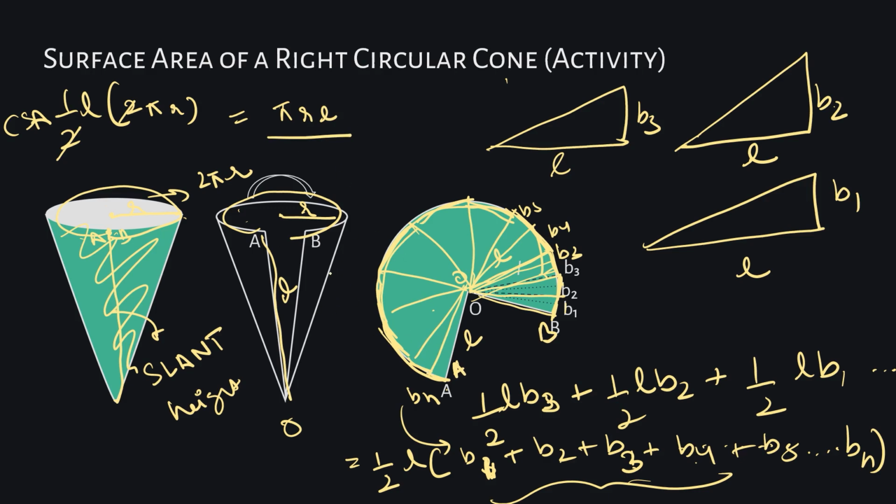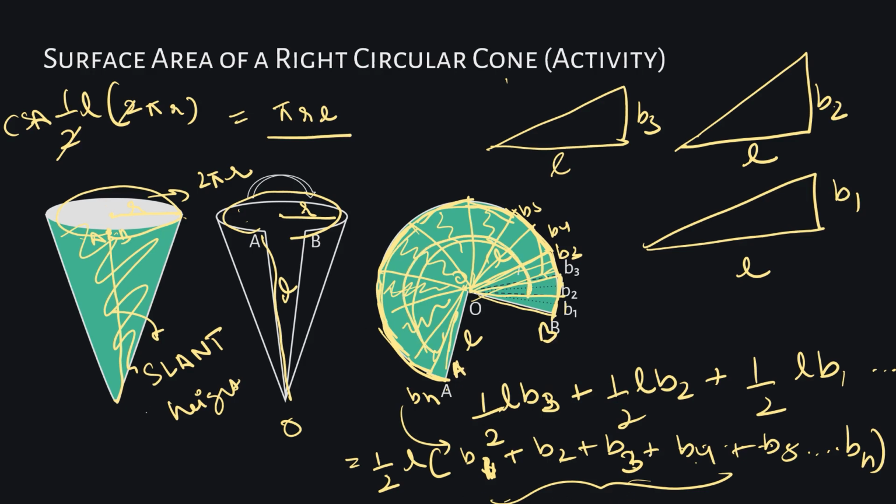That is by cutting it, we have divided it into different triangles. We have summed over the areas of single triangles. So we already know that this area is our curved surface area.